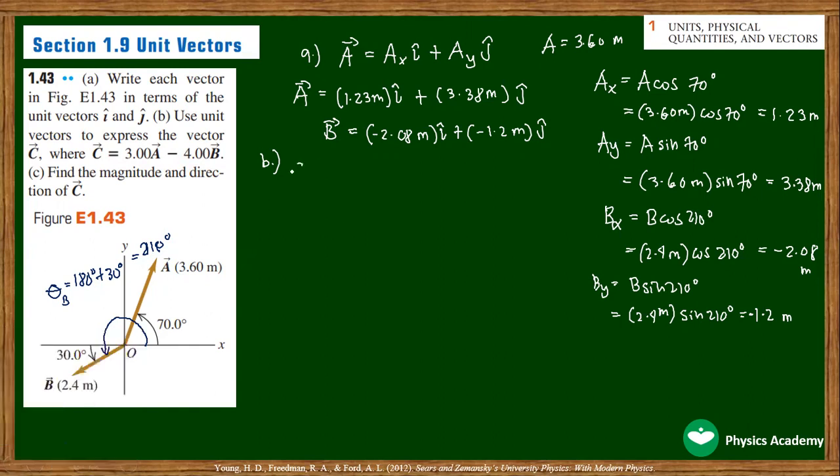Vector C is just 3 times vector A minus 4 times vector B. So vector C is equal to 3 times vector A, which is 1.23 meters i hat.